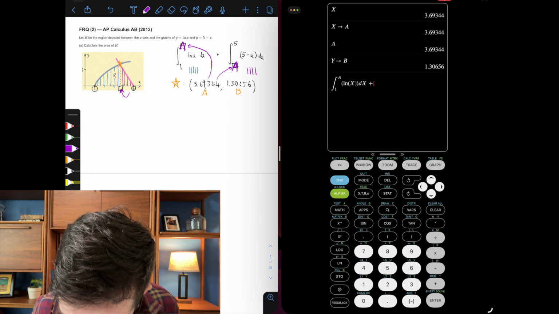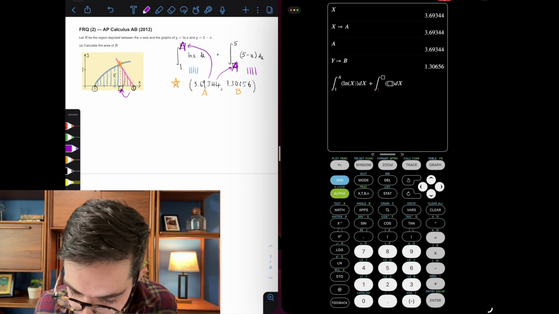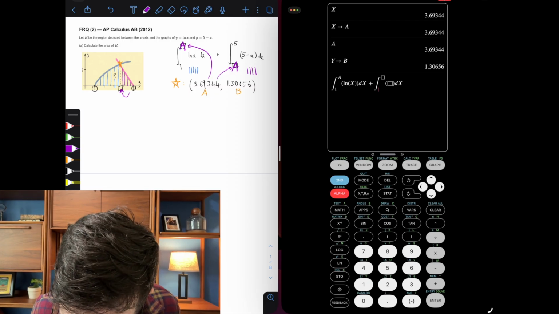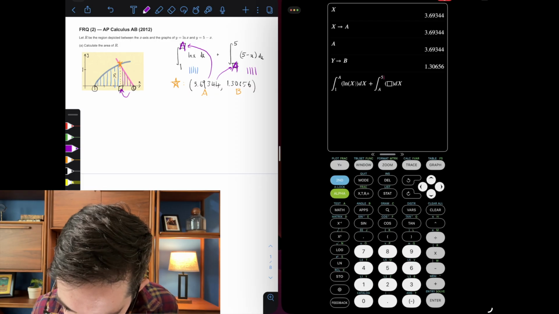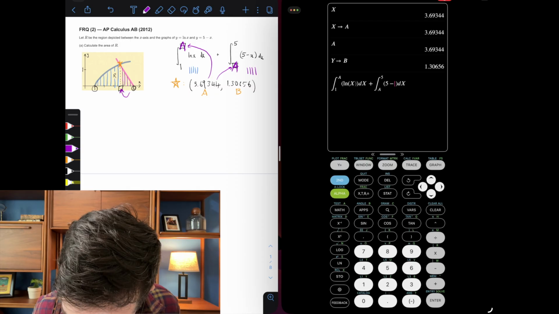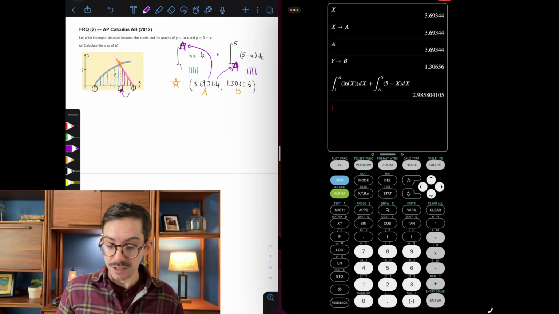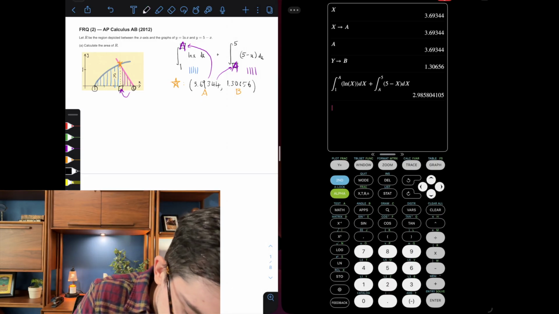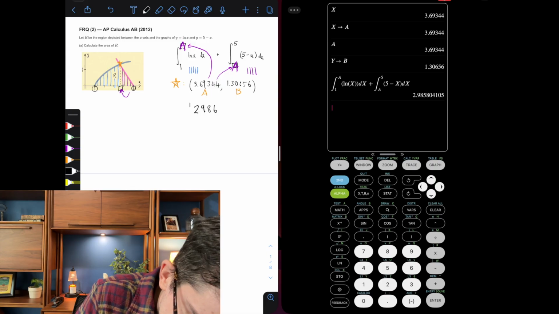Now I want to add on my second integral. So again, I'm going to hit math, then 9. And now my limits are A up to 5 of, in this case, the function rule 5 minus x. If I hit enter here, this is my value. I'm going to get 2.986, rounding.